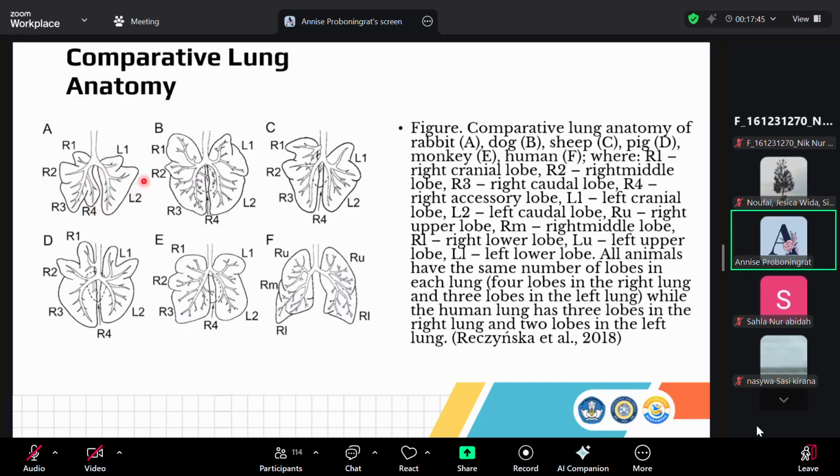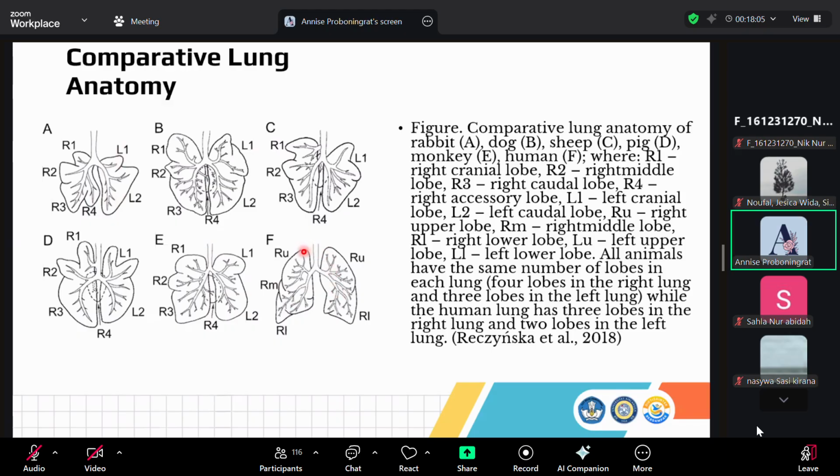And the left part of the lung is usually divided into 2 up to 3 lobes, the upper left and the lower left lobes.